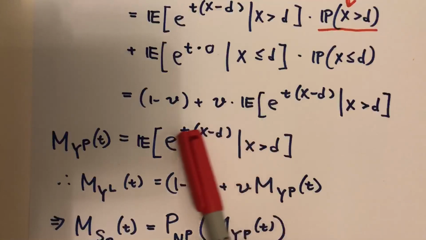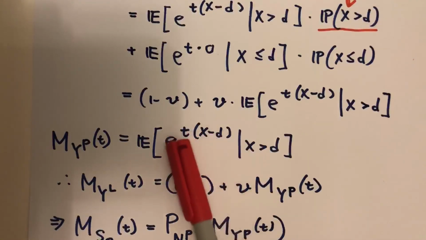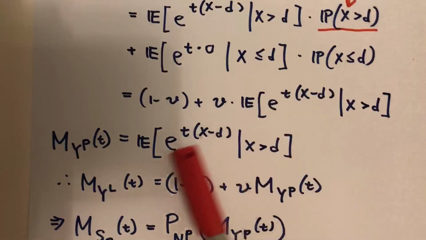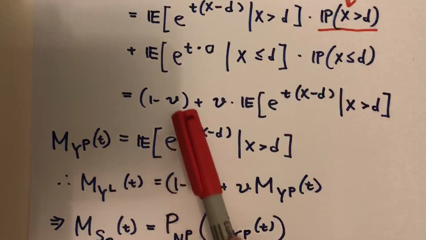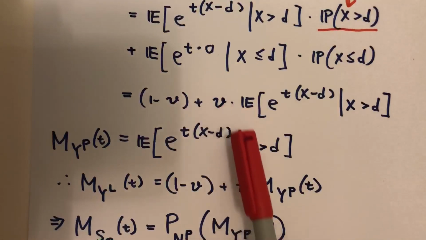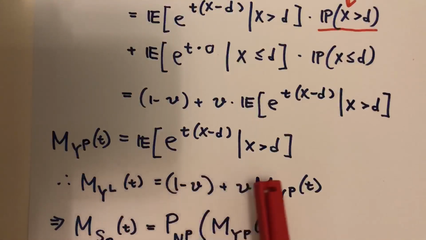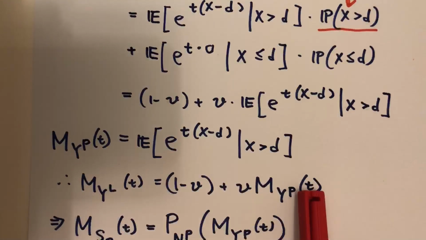And now you can see that this conditional expectation is exactly the same as the conditional expectation here. Therefore, the MGF of Y^L equals 1 - v plus v times the MGF of Y^P. Okay, so now we have a relationship between the two MGFs of Y^L and Y^P.